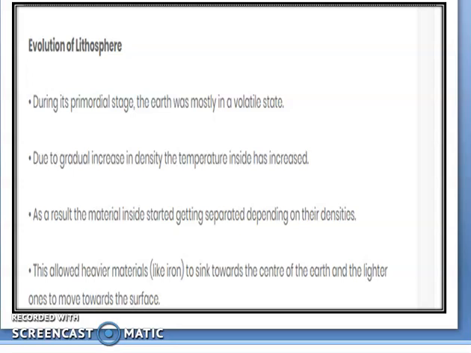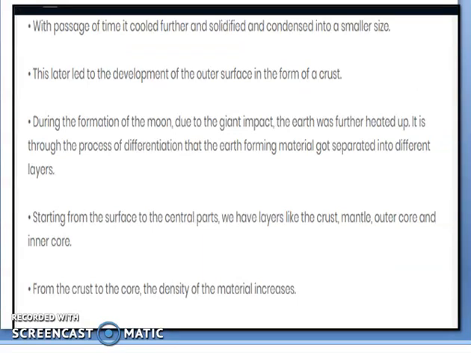The heavier materials like iron and nickel sink towards the center of the Earth, because obviously the heavier thing goes down first, and the lighter materials move towards the surface of the Earth.